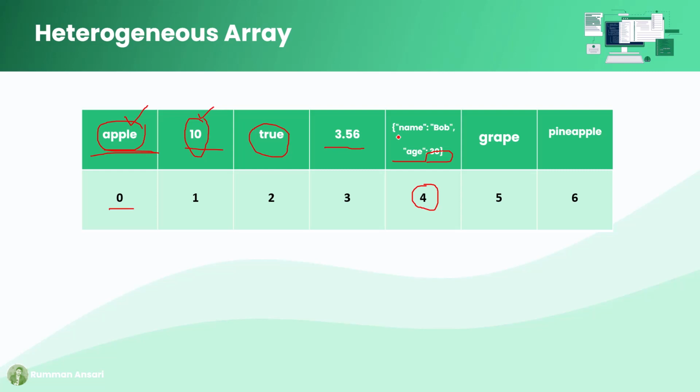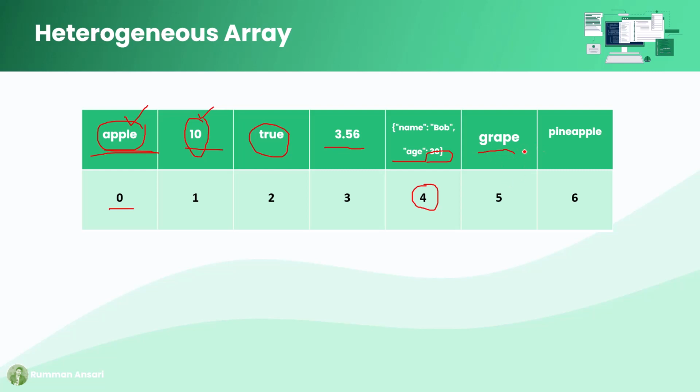Okay, so we'll talk about all these concepts in the respective programming languages, but as a whole, as a concept of the data structure, you have to understand that inside an array we can store different types of data. So it can be an object, a real value, a boolean value, a function, or a pointer.